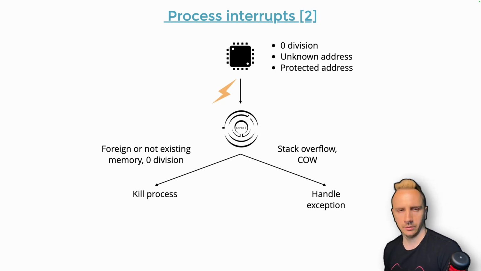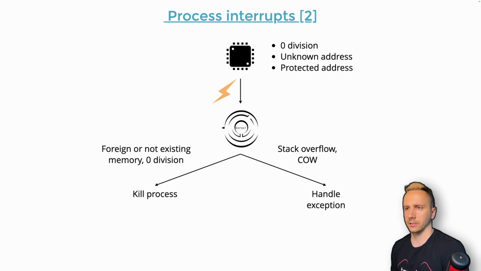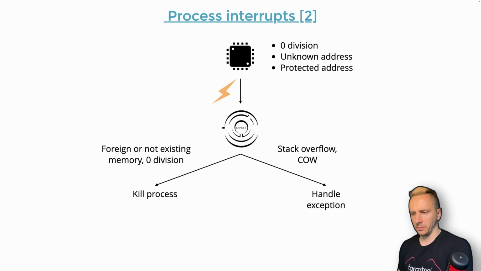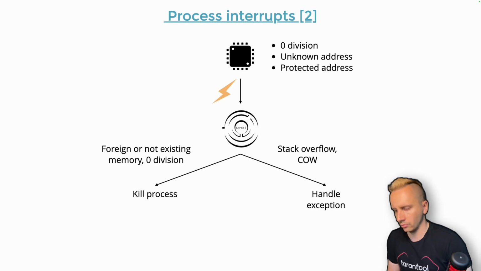Or a write happened into a page marked as copy on write. Then the kernel will handle it also without notifying us. We will not even see that. But some exceptions are critical and they will require our attention, or even might just kill the process without giving us any chance to handle it. Like segmentation fault, which happens when we are trying to access invalid memory, and then this signal you can usually handle.